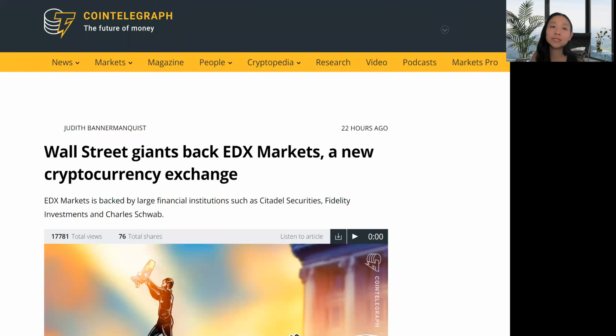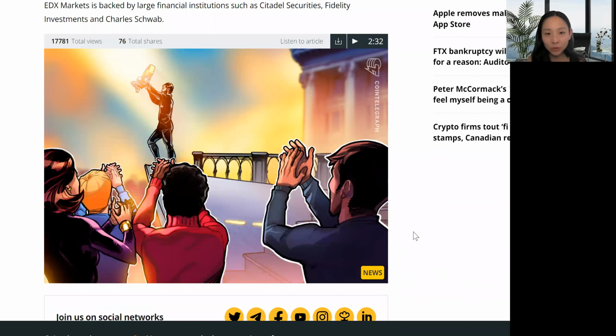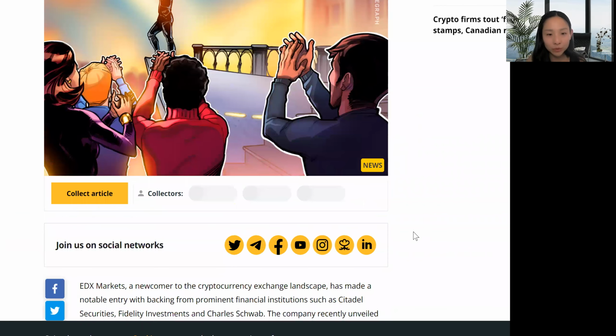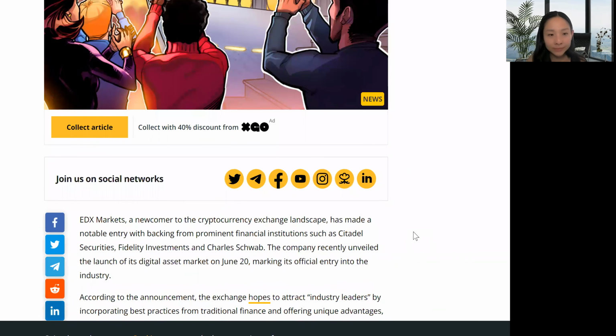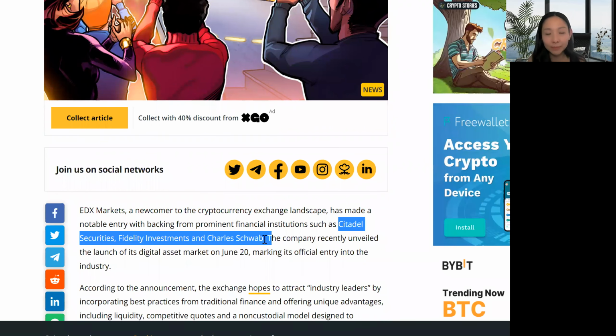Another piece of news is that some big Wall Street companies are trying to build a cryptocurrency exchange platform. That would be even better. It's quite exciting news for me at least. These three companies are trying to build a platform for crypto.